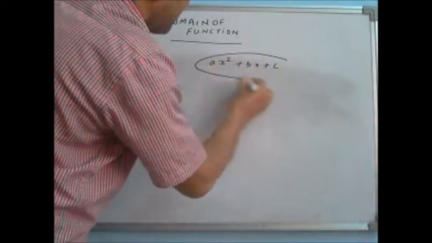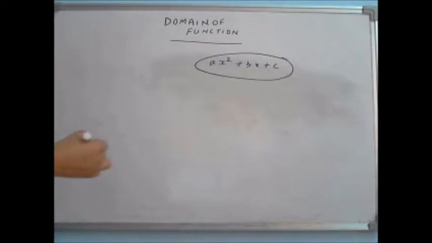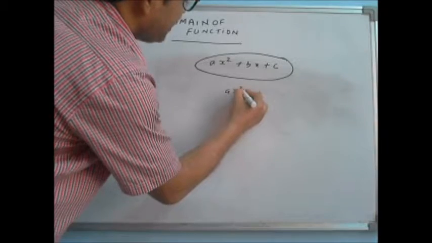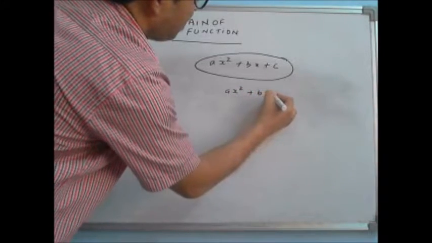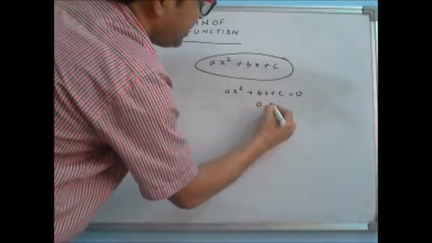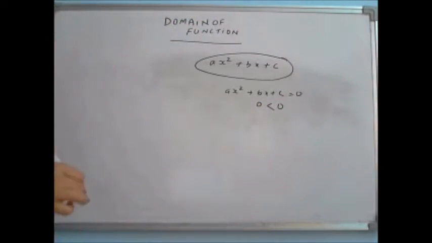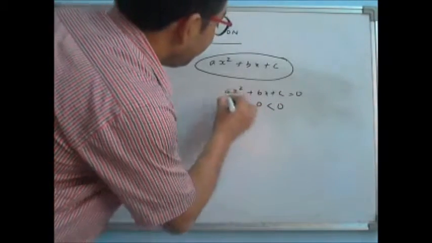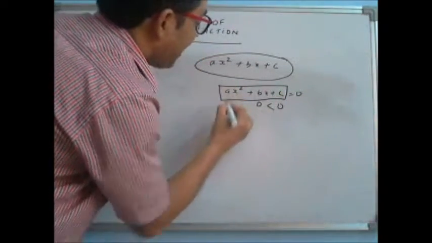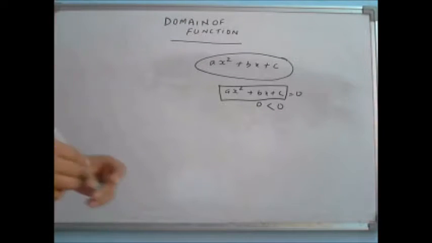To decide the sign of this expression, you see the discriminant of the corresponding quadratic equation. If D is less than 0, that means the roots are imaginary, then the sign of this expression will be the same as that of a. Is it clear?